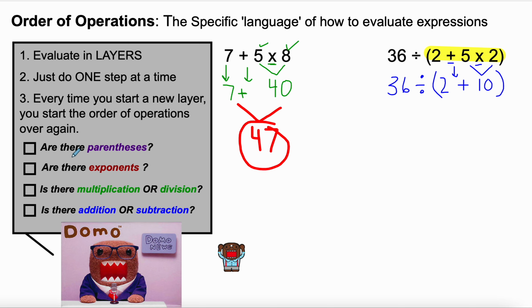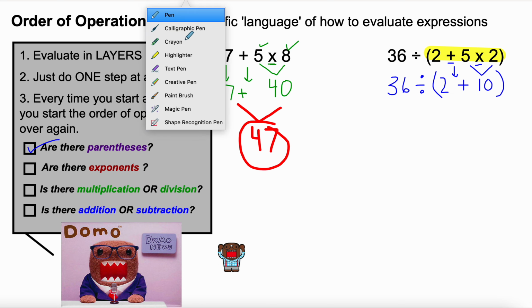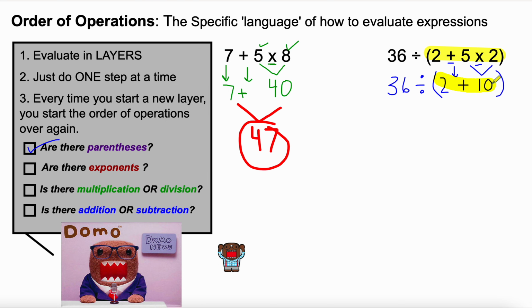Awesome. All right, so let's go back. New layer. Are there parentheses? Yeah, there are. We still have parentheses right here. So we're going to do that first. We're going to add 2 plus 10, and we get a sum of 12. Then we bring down everything else.